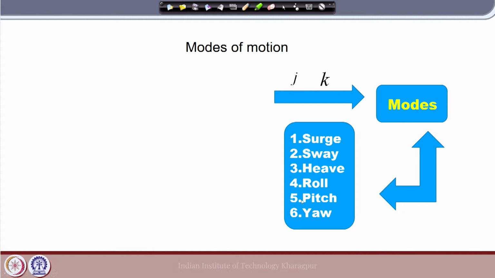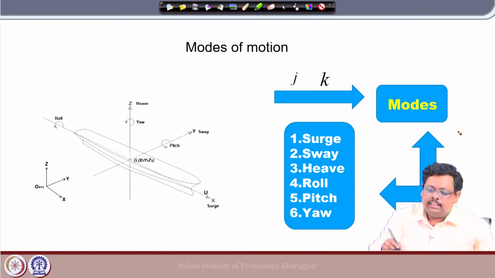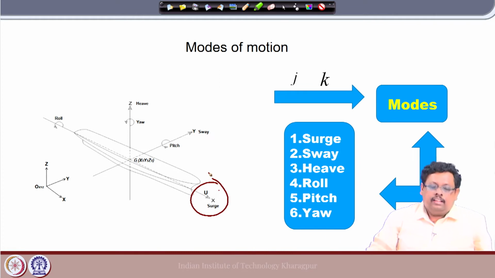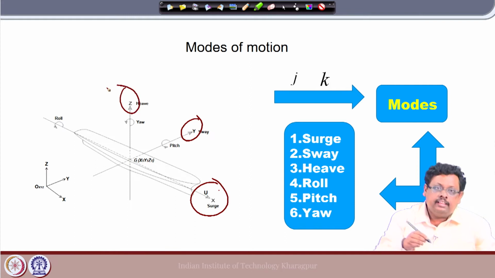Now, what are these things? Let us try to check out. In this picture, you can see that we have defined a horizontal axis x, then the transverse axis y, and the vertical axis z.